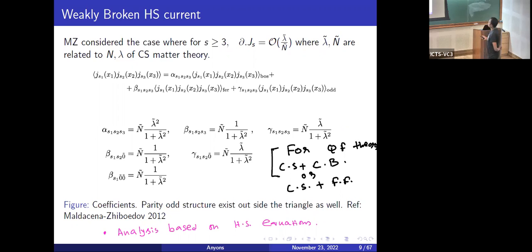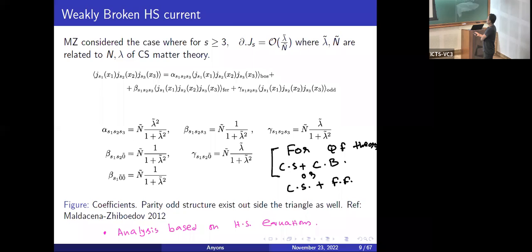How do I see? I mean, because there's a parameter, there should be a way of scaling things such that parametrically you see that it is suppressed, right? That the parity odd structure vanishes. In this case, it is not directly visible. Let me see.